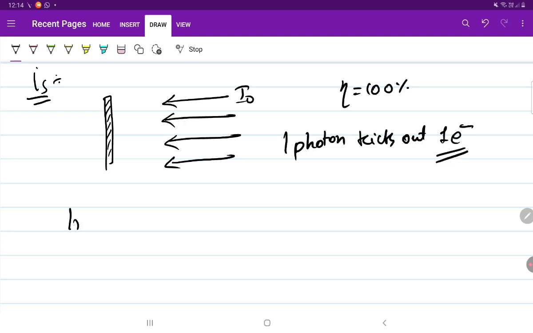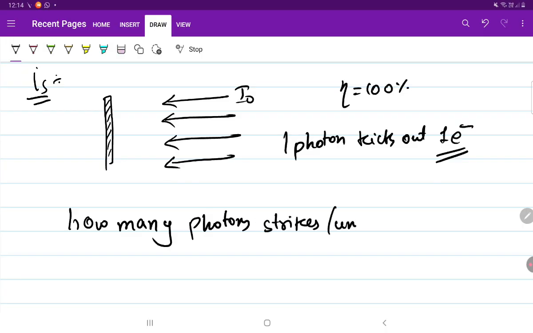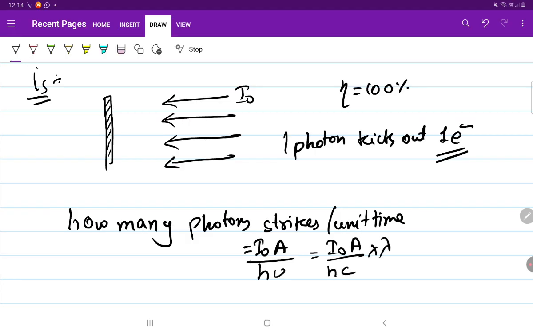So how many photons strike per unit time? It is given as I naught A, that is the power of the source, upon h nu, where nu is the frequency. You can further modify it as I naught A lambda by hc, where lambda is the wavelength of the light source.